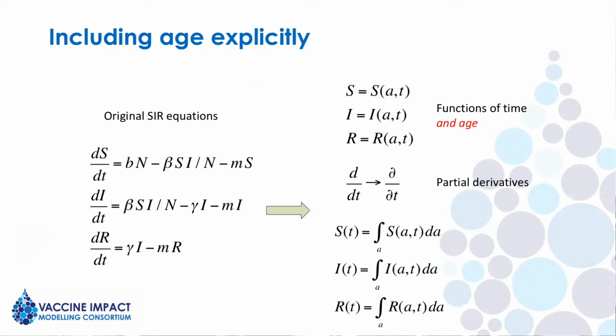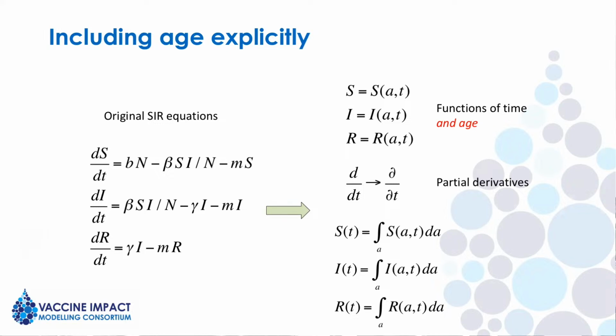Okay. If we think about including age in our model, we might want to consider age, and really we know that everyone ages continuously, so unfortunately, as time is continuous, so is age. It's a depressing thought. So we might want to include it explicitly like this.